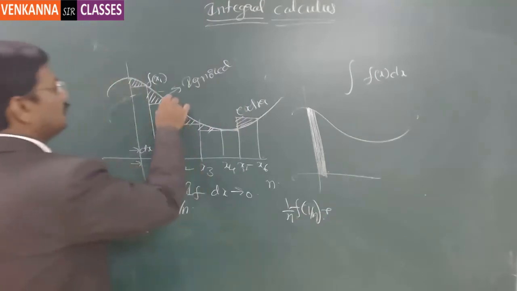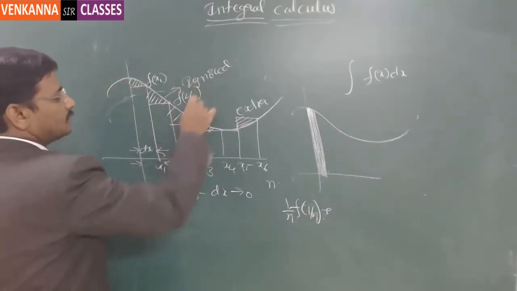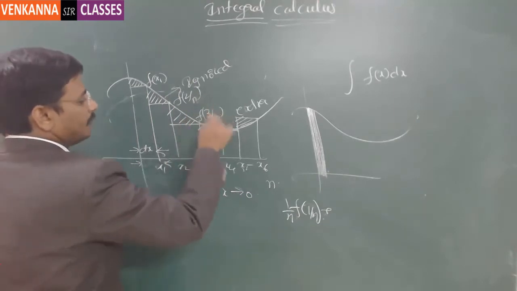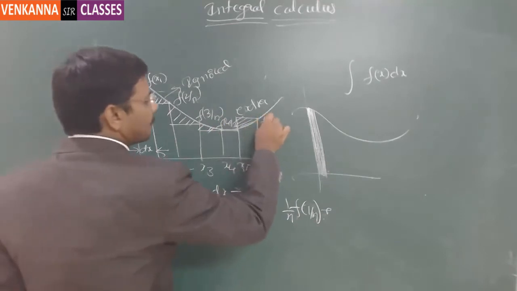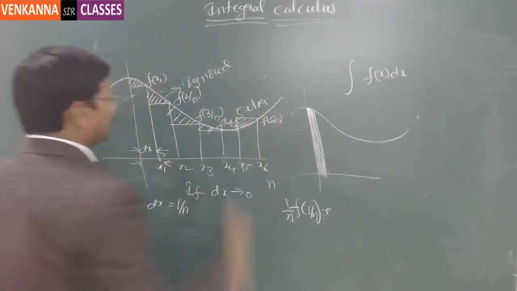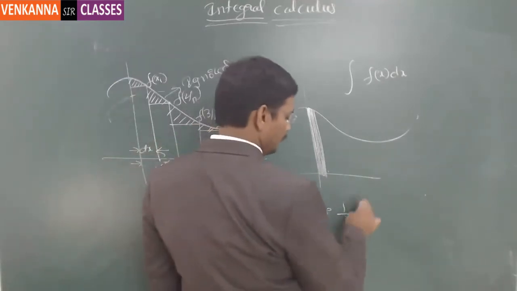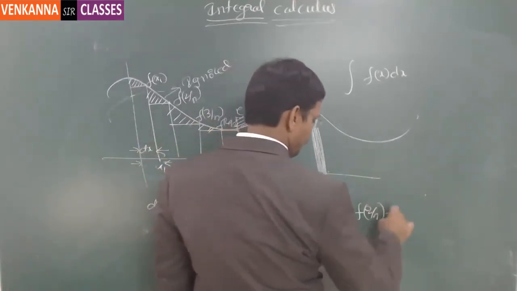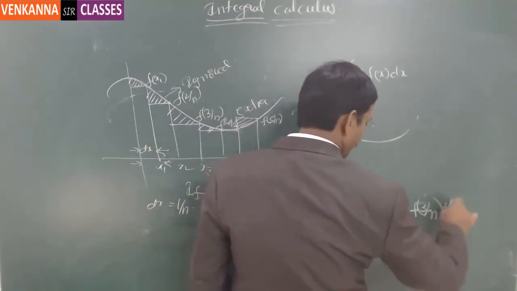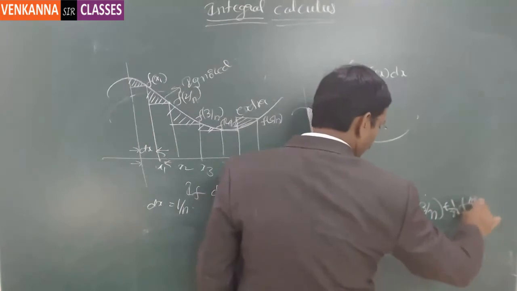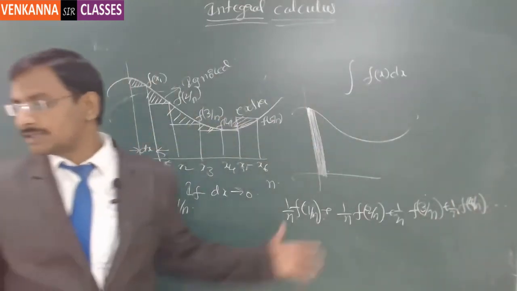Similarly, this is f of 2 by n, this is f of 3 by n, this is f of 4 by n, and this is f of 5 by n. Now here, 1 by n times f of 2 by n plus 1 by n times f of 3 by n, 1 by n times f of 4 by n, like this, whatever the number of parts may be. So it is going to extend like this.